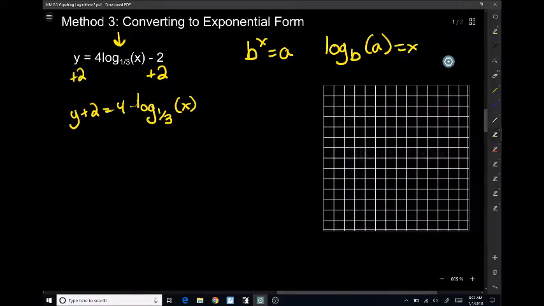Then I'm going to divide everything by 4. So y plus 2 divided by 4 equals log base 1/3 of x.